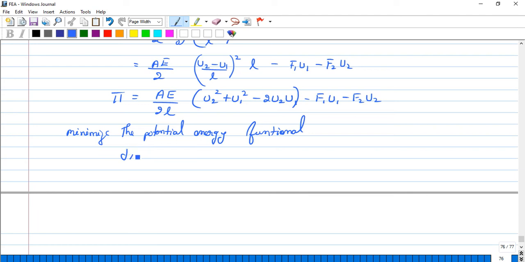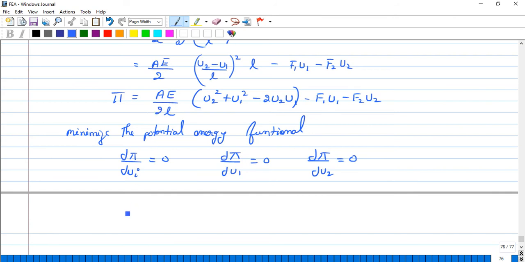We know that the partial differentiation of potential energy with respect to the displacement. Here we have two displacements, one is u1 and the other is u2, that is ui. We shall equate to 0: we shall follow the differentiation with respect to u1 and equate to 0, and follow with the same for u2 and equate to 0.